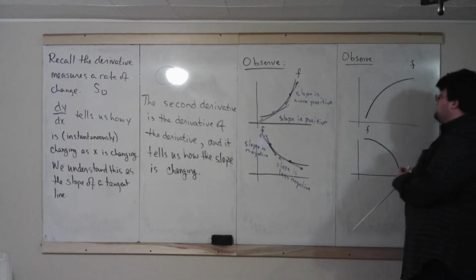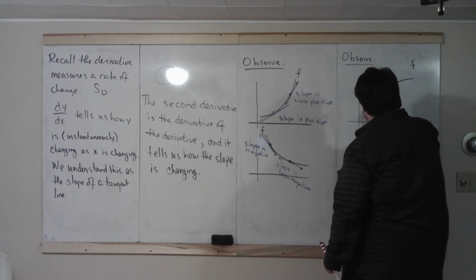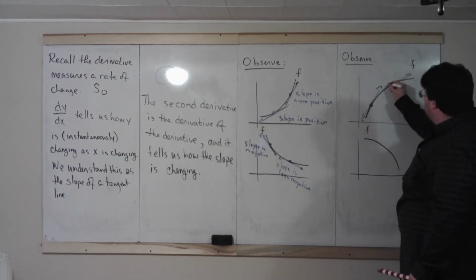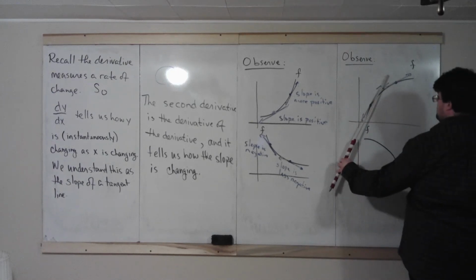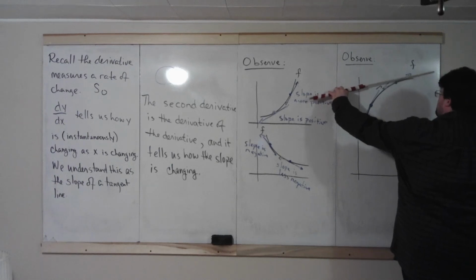Well, let's look at it in a little detail. Here, we have that slope, and let's compare it to that slope. What do we have here? A very positive slope getting less positive.